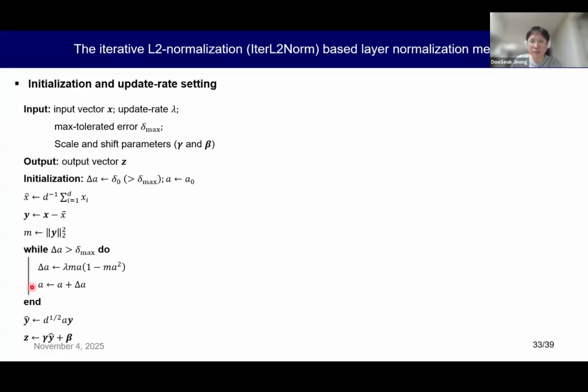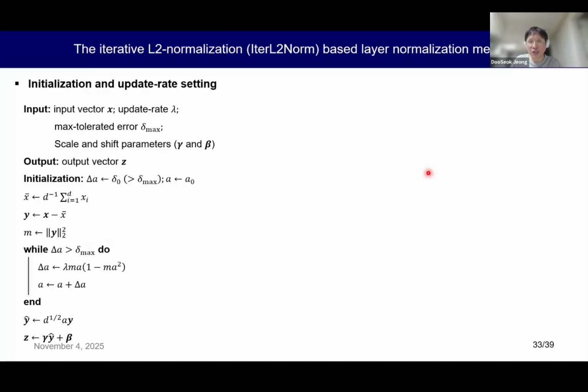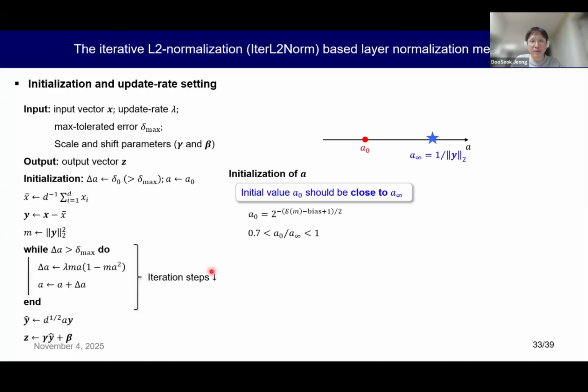But you have this while loop, and you basically repeat this operation until you reach that fixed point, and you have the steady state A value, and then this is actually the L2 normalized vector, y hat.